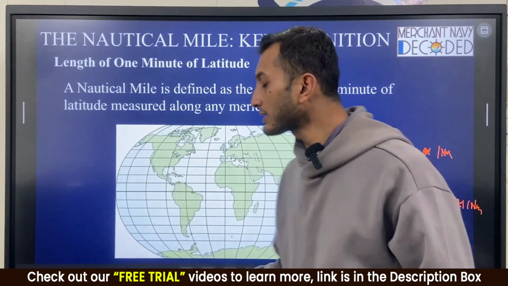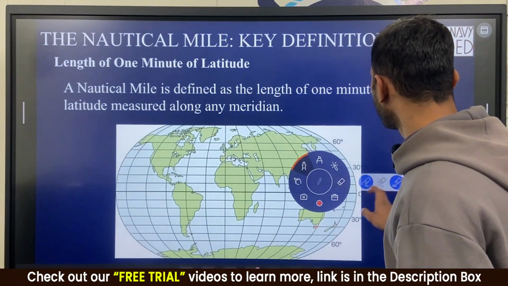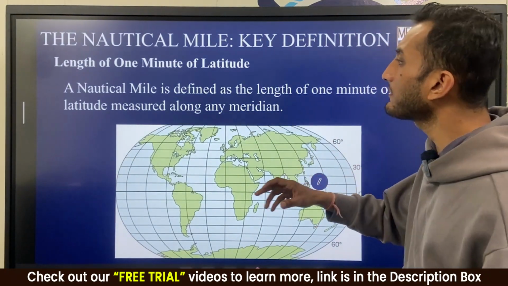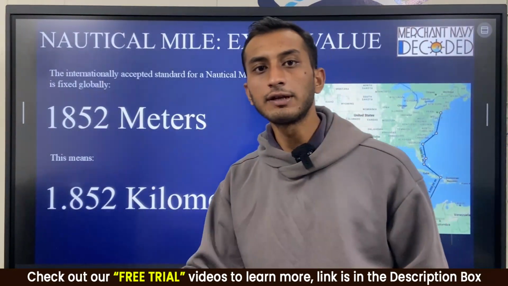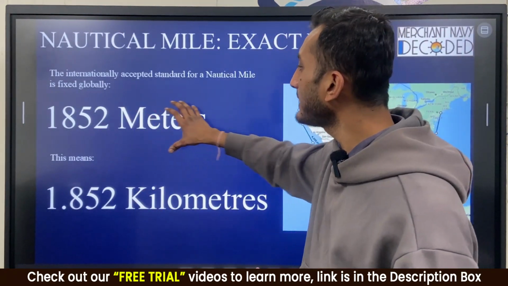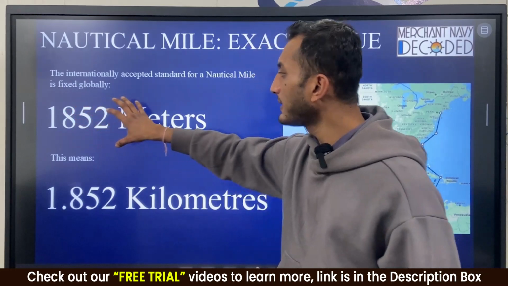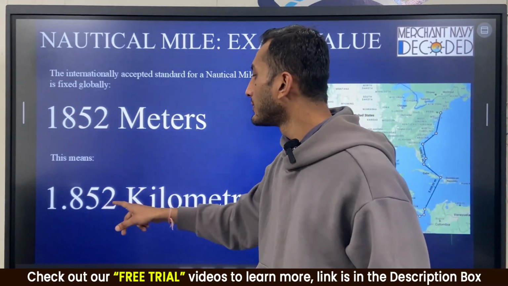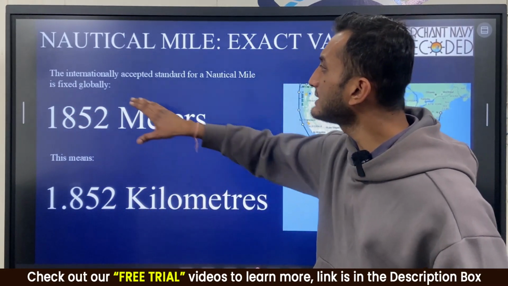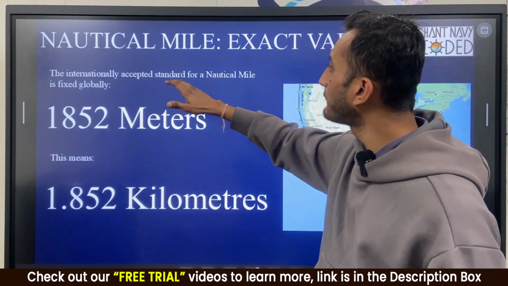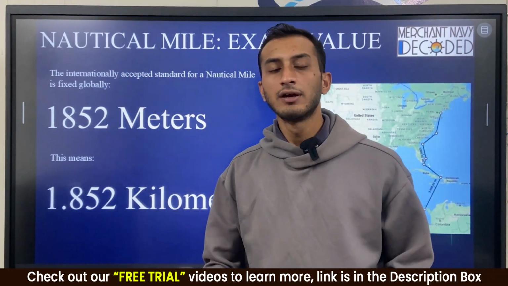So for that, what the navigators, or the scientists of that time did, they brought a standard value for 1 nautical mile, which is 1852 meters. This is the internationally accepted standard for a nautical mile, and it is fixed globally.